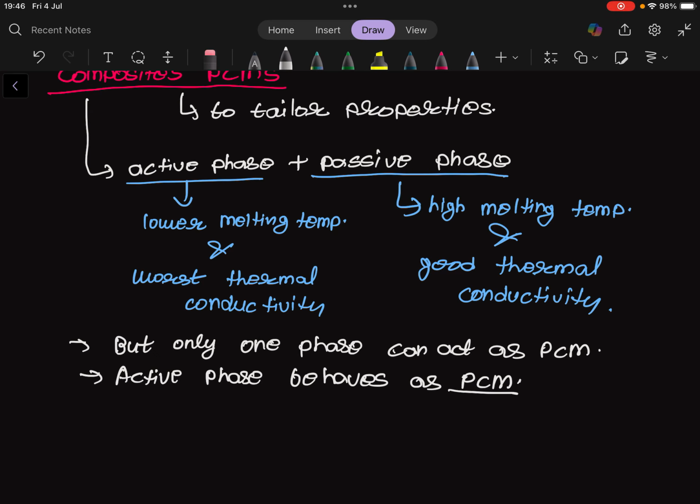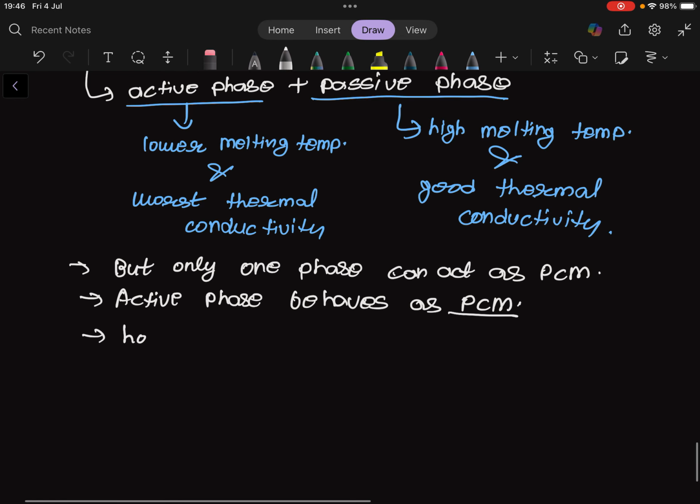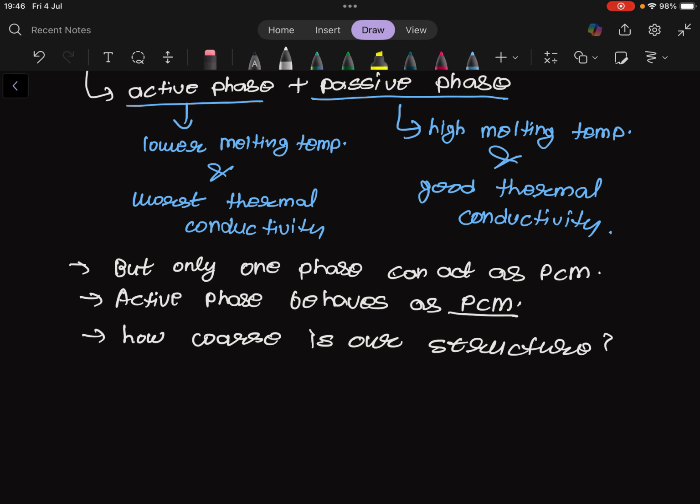So there is also another factor: how coarse is our structure. Imagine that we have our form. Let me suppose you have cubic unit cells and we are going to repeat them in many directions to build something like 4x4 or 2x2 patterns, which is going to look something like this.